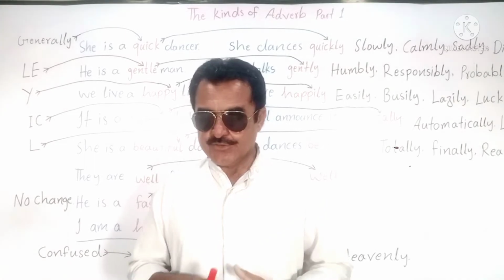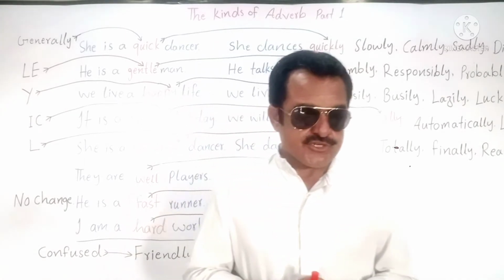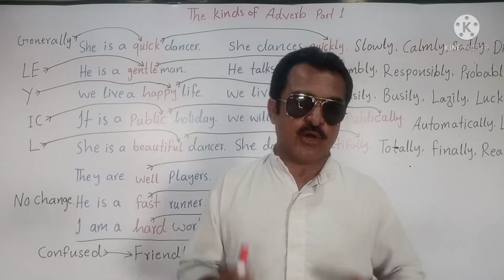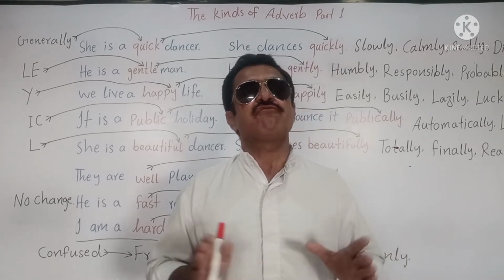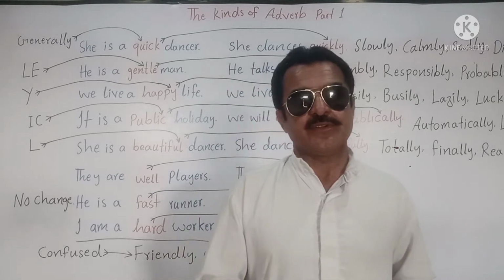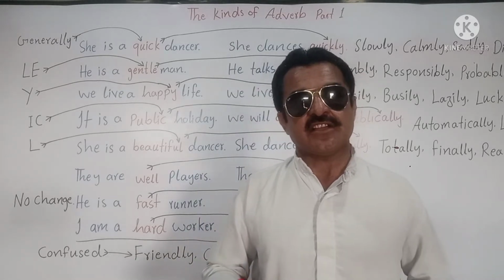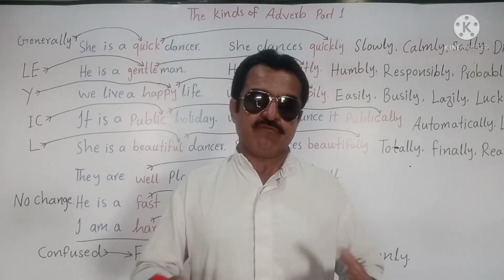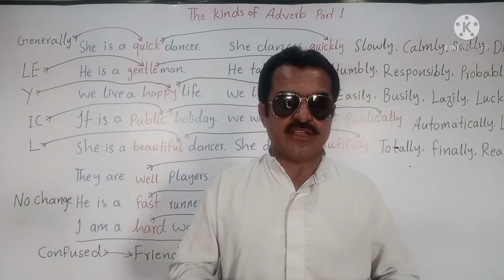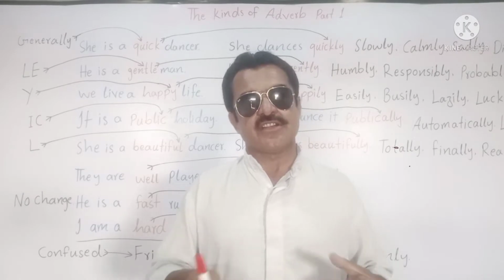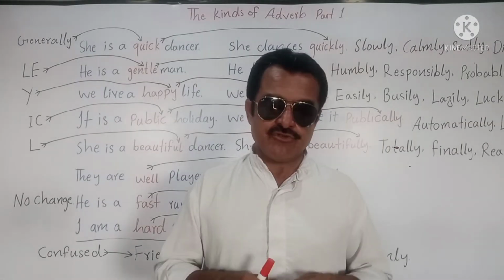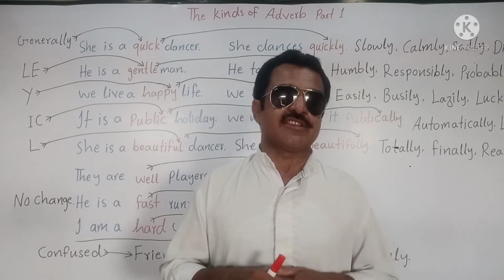Now here I want to tell you that there are 5 major types of adverb. Because today we have started learning about adverbs, we will introduce them a little bit so that you understand them.